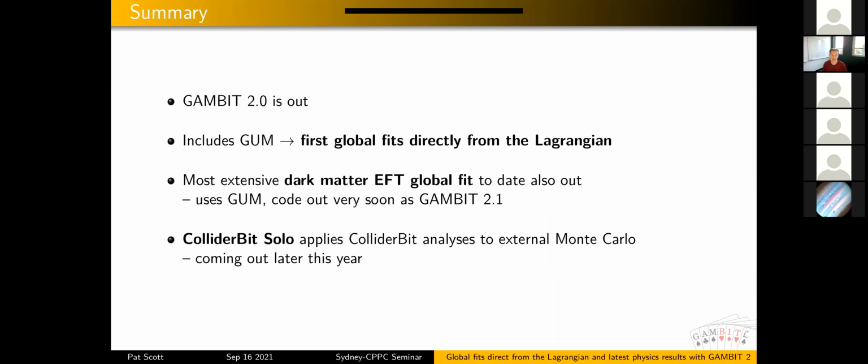The code associated with that is going to come out as a small update, GAMBIT 2.1, very soon. And then in the last couple of minutes, I told you about CBS, which allows you to apply ColliderBit analyses to external Monte Carlo without running GAMBIT. We anticipate that should also be out sometime later this year. Thanks.